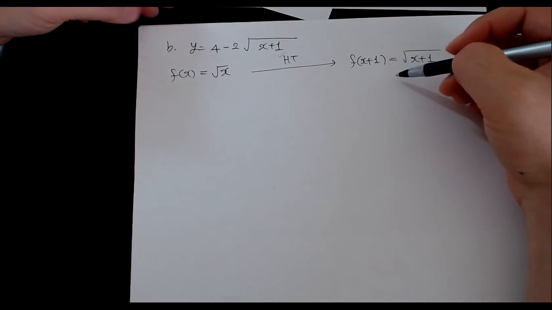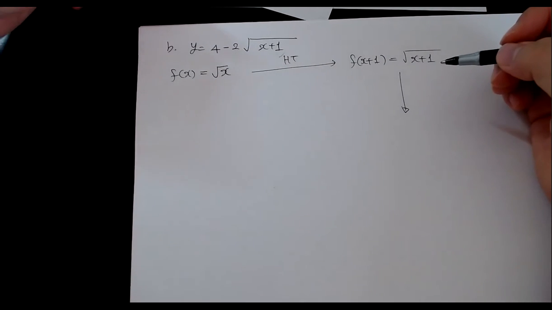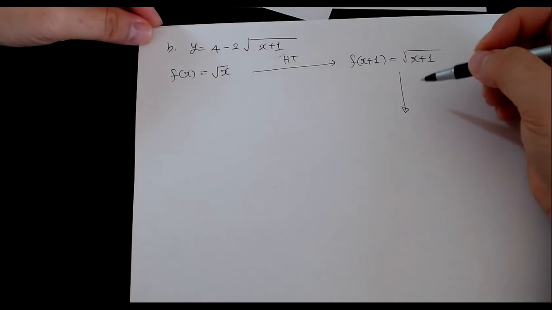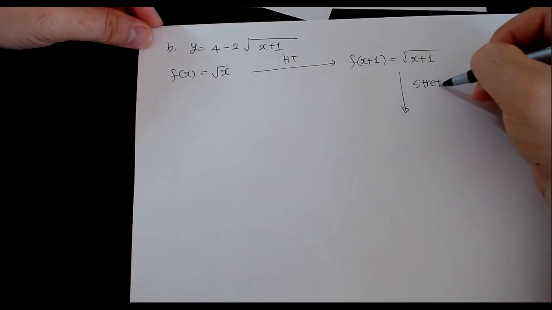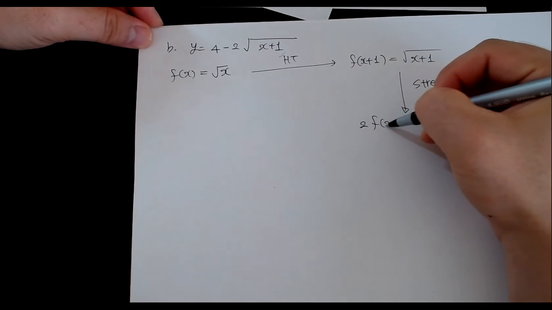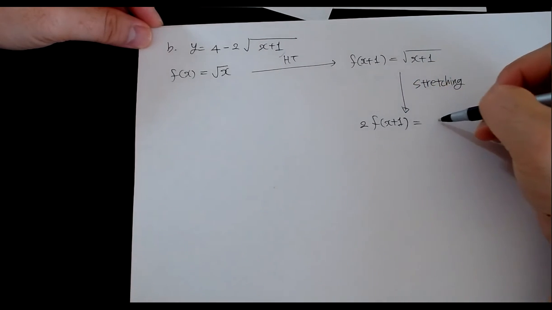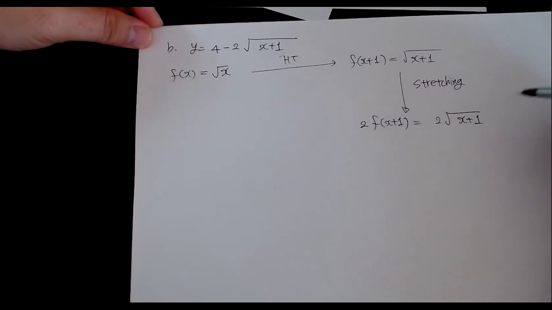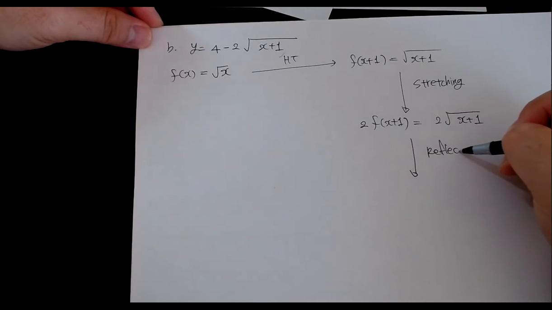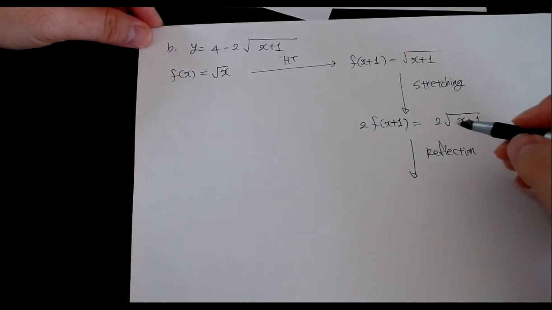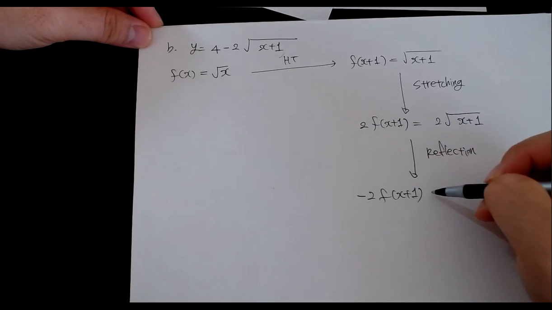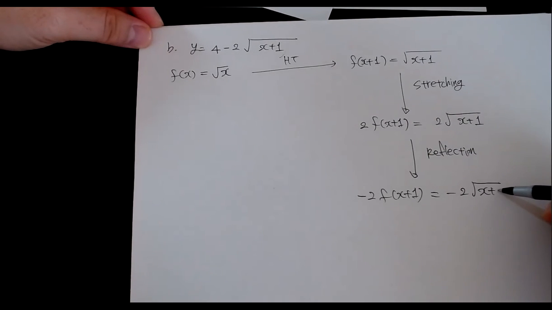And then we apply the stretching or shrinking, and then reflection. Stretching, then we get 2 times f of x plus 1, which is 2 times the square root of x plus 1. And then we apply the reflection about the x-axis. So negative 2 times f of x plus 1 is equal to negative 2 times the square root of x plus 1.